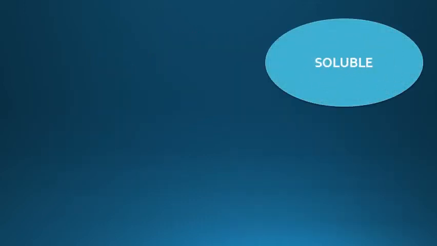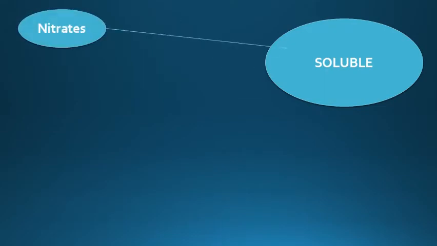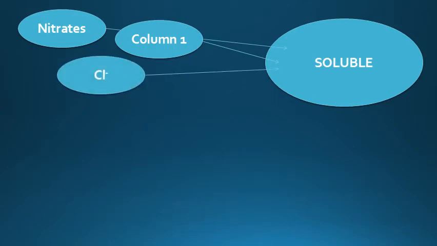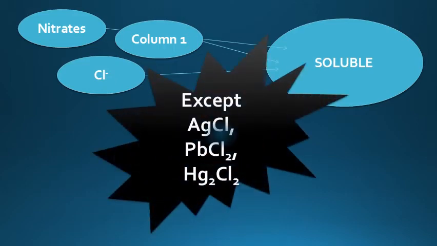Now this is my shorthand version of the solubility rules. These things are soluble. Nitrates, nitrites, they're always soluble. If it's in column 1, it's soluble. If it contains chlorine, it's soluble, except silver chloride, lead 2 chloride, and mercury 2 chloride.